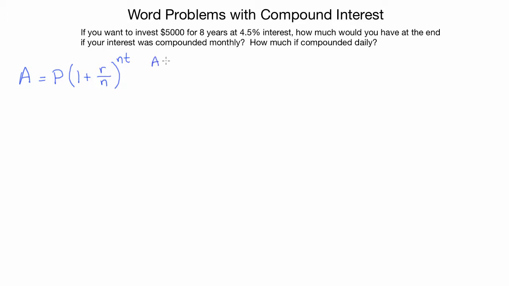A is the amount you have, amount total. P is your principal, starting amount. R is your yearly interest rate.